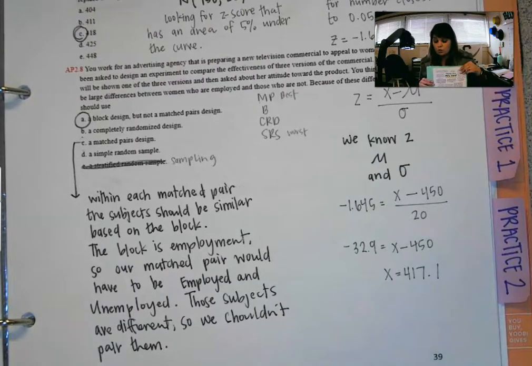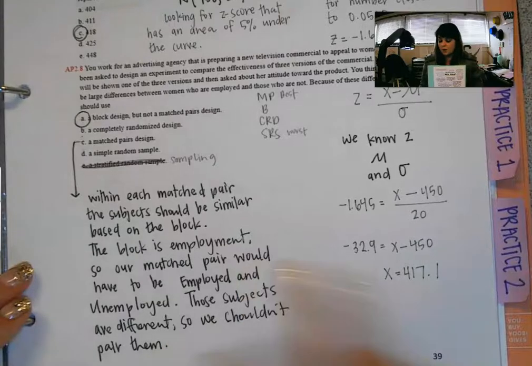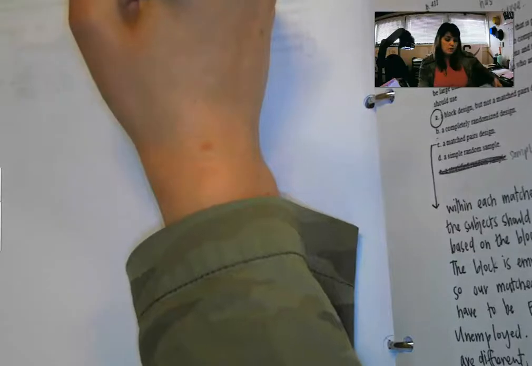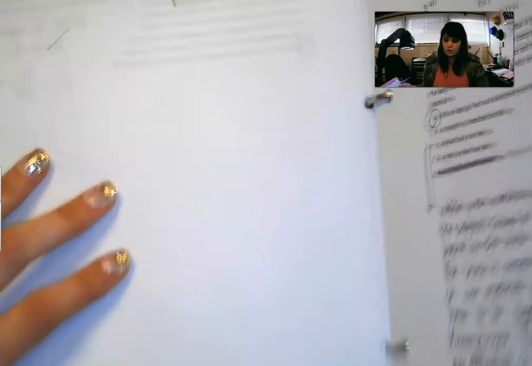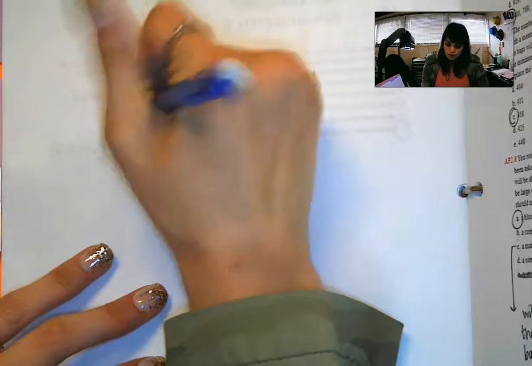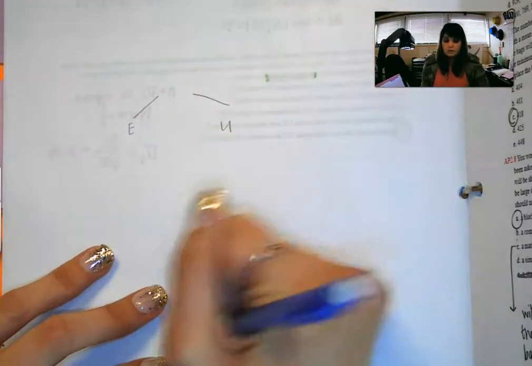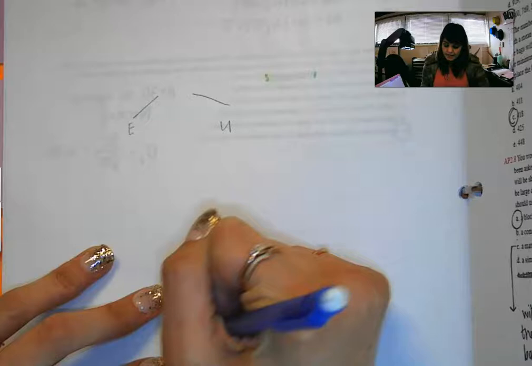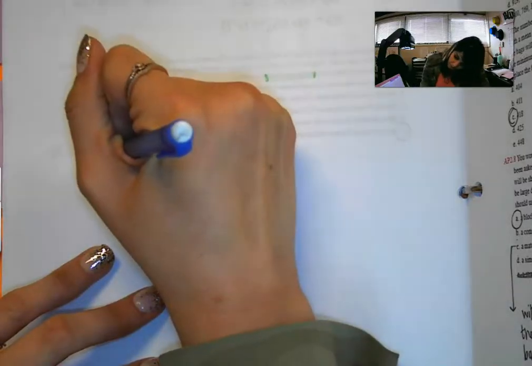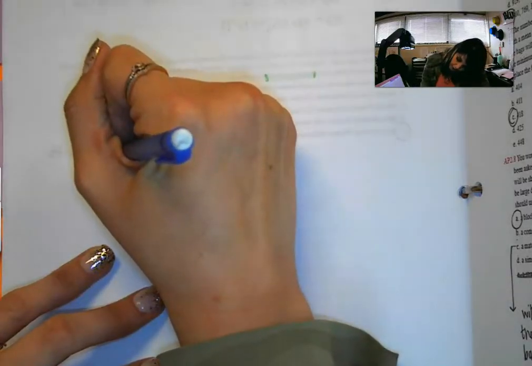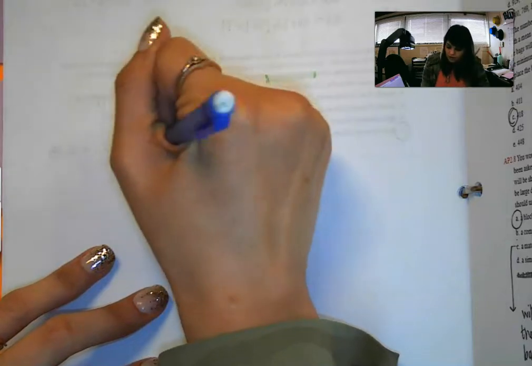So what you are doing in this particular problem is splitting your participants into two groups. You're going to split them into employed, unemployed, and then you are going to assign half of them to, or actually, there's three different versions.